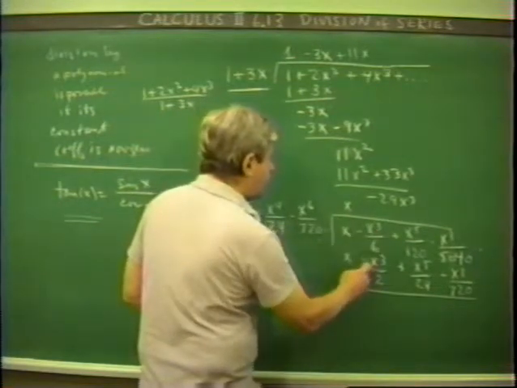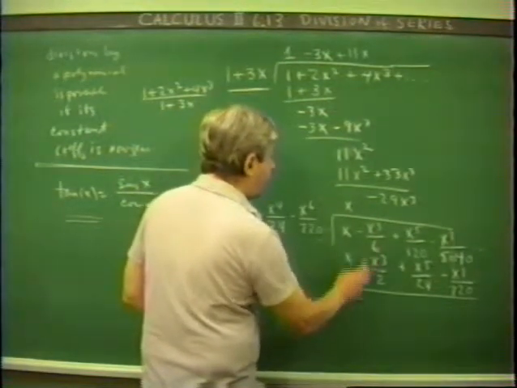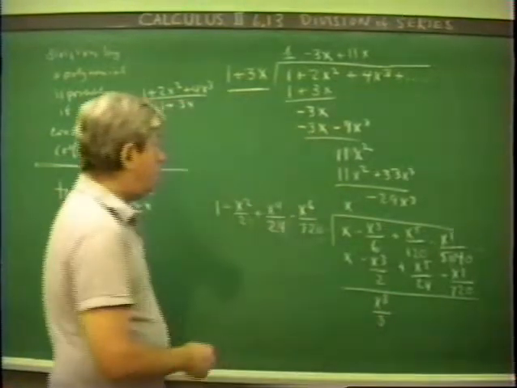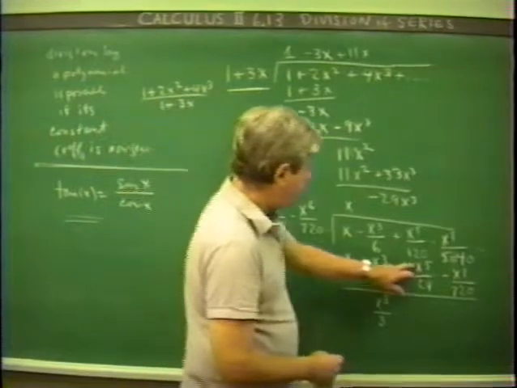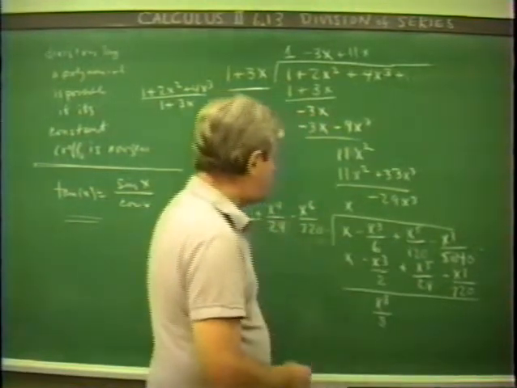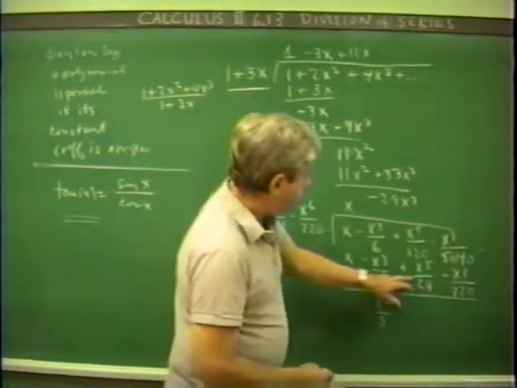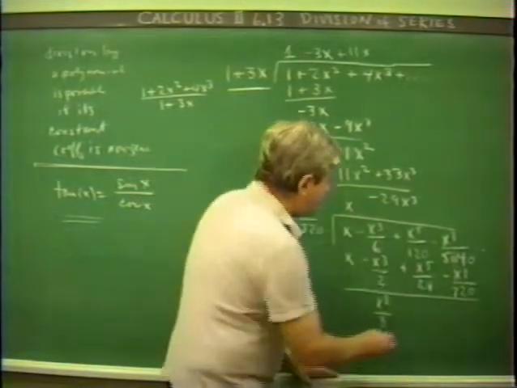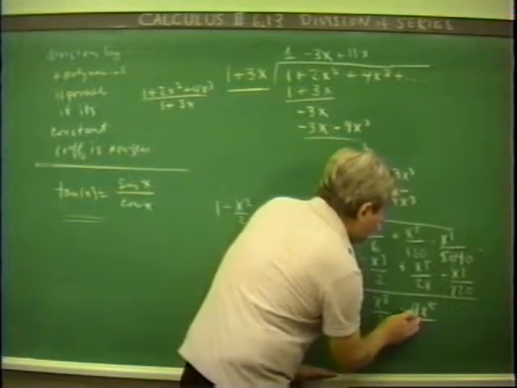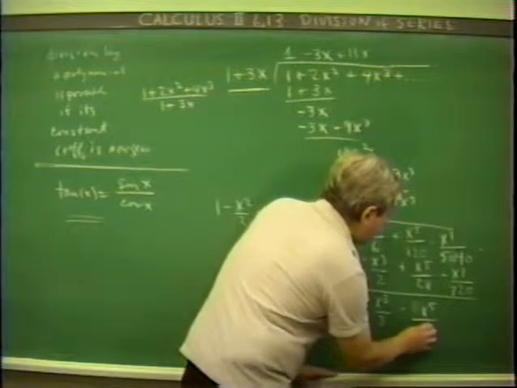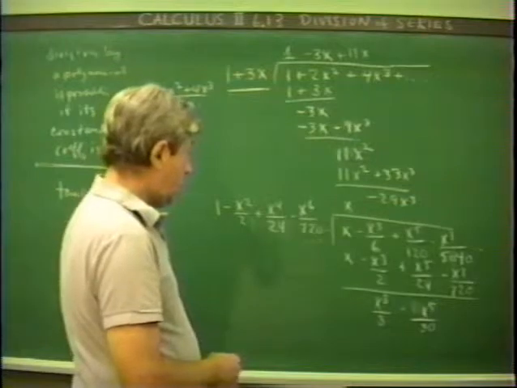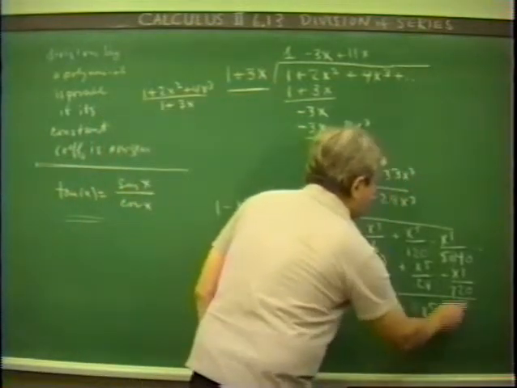Subtracting here, we're going to get a half minus a 6th, which is a third, so we're going to get x cubed over 3. And 120th minus a 24th. Well, this is minus 5 over 120, so it's going to get minus 4 x to the 5th over 120, or x to the 5th over 30, yeah?